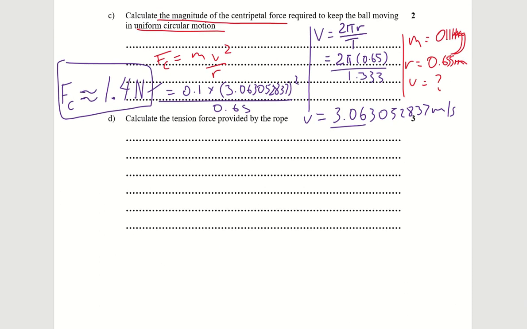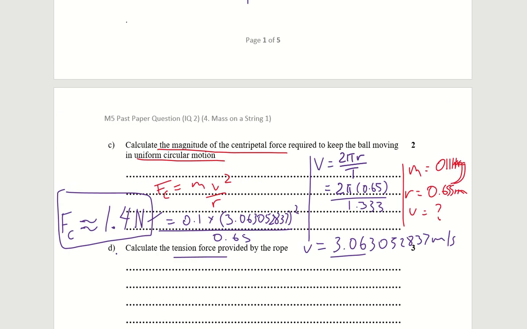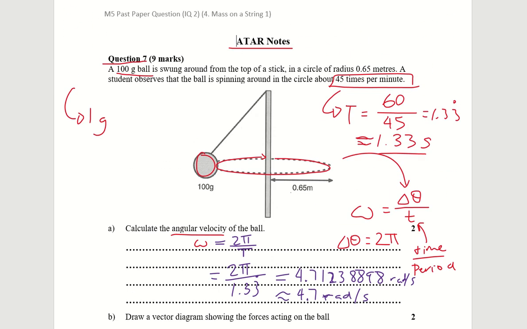All right, the last one we're going to do is the tension force. If we look at the pendulum drawing we had earlier, we have the gravitational weight force like so, and then we have the tension force like that.